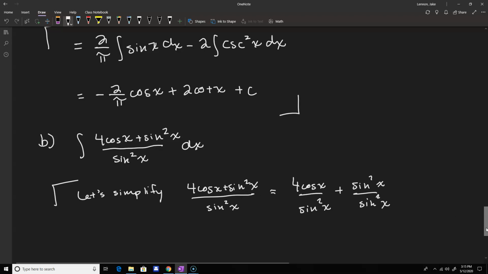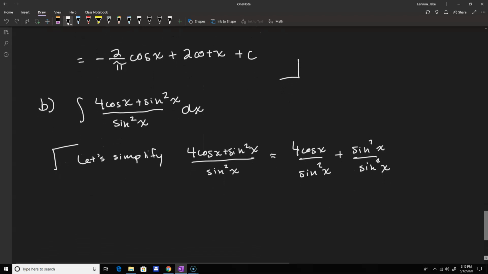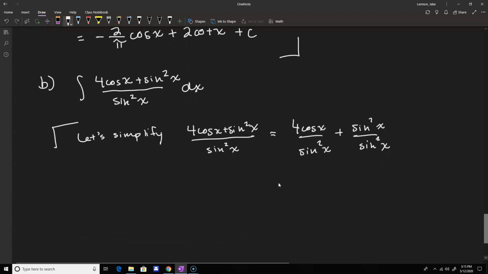And now we can think of the first expression. If you're good at trig identities, this is where that's helpful. If not, you can look on my YouTube page. I have another video that goes over trig identities if you want some review there. Let's think about the first one.